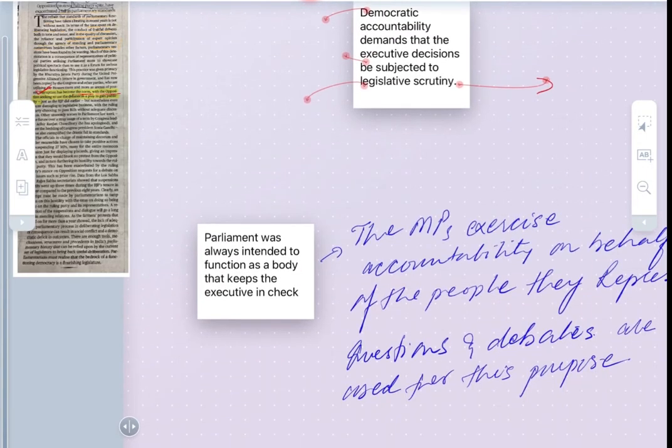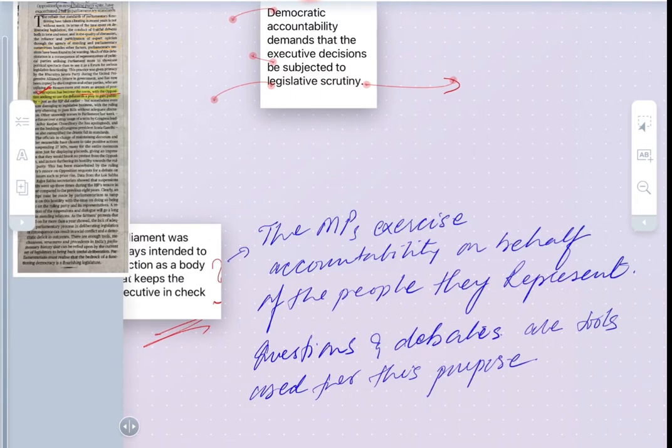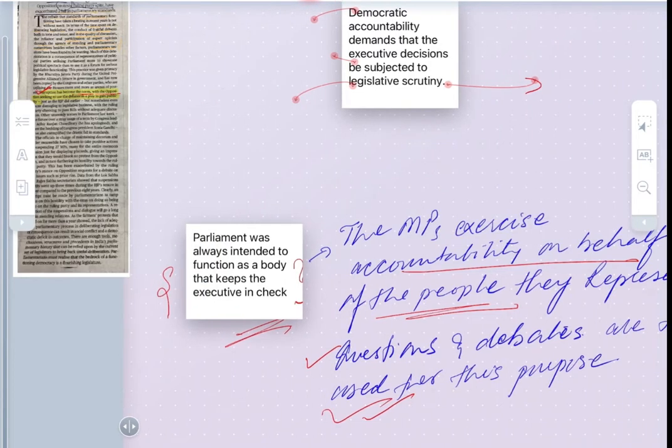Because, as we know, Parliament was always intended to function as a body that keeps the executive in check, where all MPs exercise accountability on behalf of the people they represent. Questions and debates are the tools used for this purpose, to keep a check on the decisions of the executive.